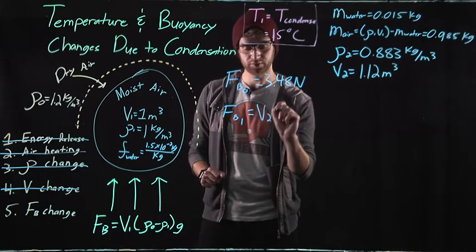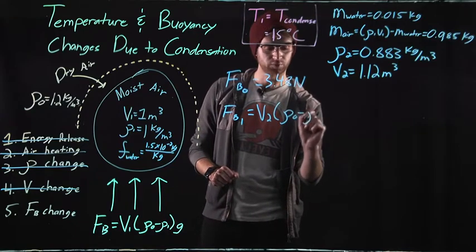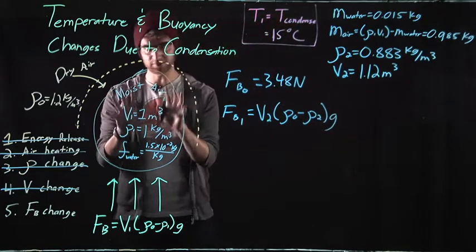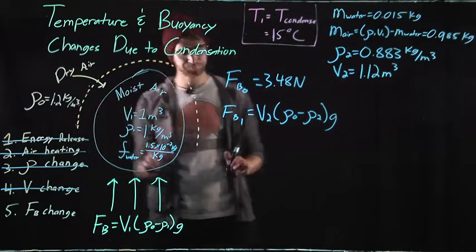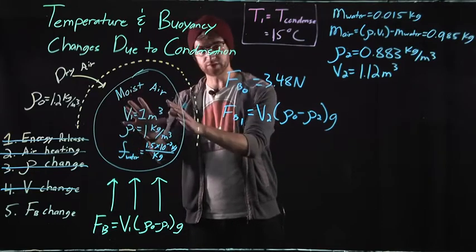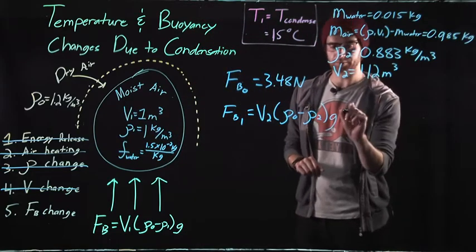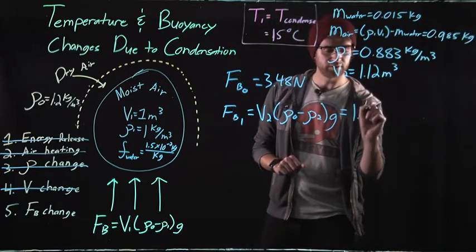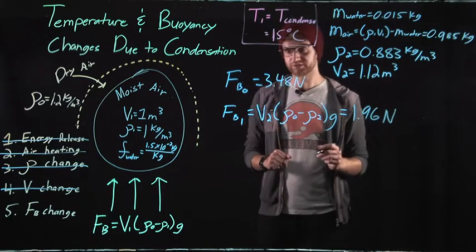It would now be V2 times the density differential, rho naught minus rho 2, times g. So this is the volume of this expanded air parcel due to condensation times the density differential between the surrounding dry air mass and the air mass that has just condensed its moisture and has been heated subsequently, times the gravitational acceleration. And when you plug in the values that we've previously calculated, you get 1.96 newtons.